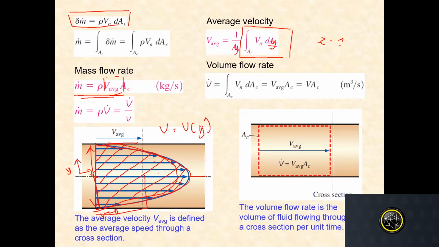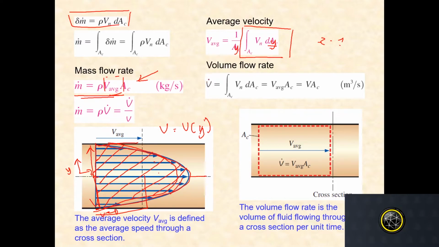In some of the problems in the textbooks, this average velocity is given straight away. Sometimes it's given in the form of equations, and you need to make sure that the one you are using in the mass flow rate equations is the average velocity.